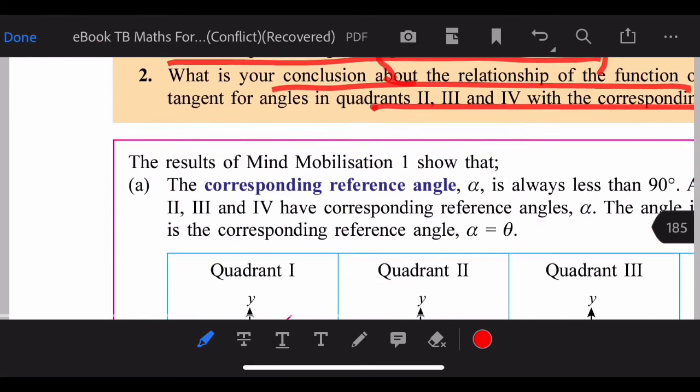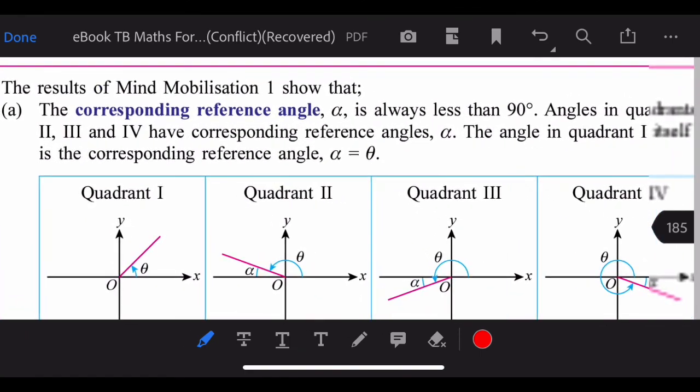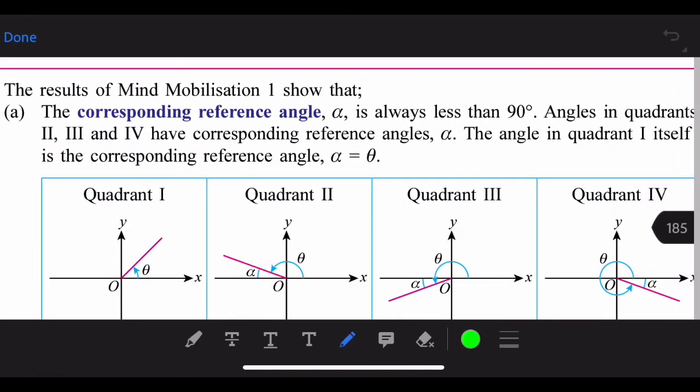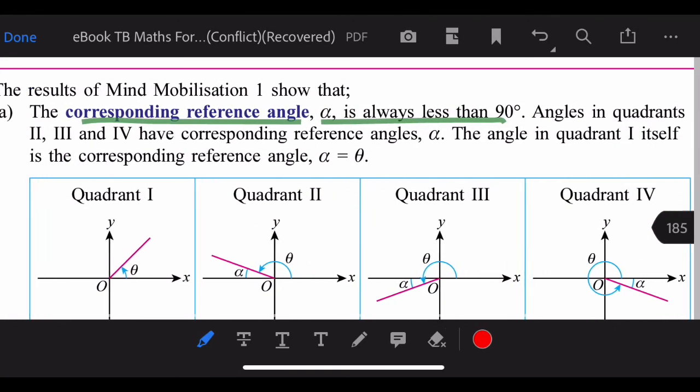Okay, so let's proceed. The result of the investigation shows the corresponding reference angle alpha is always less than 90, right? Alpha is always less than 90 for angles in quadrant 2, 3, 4.